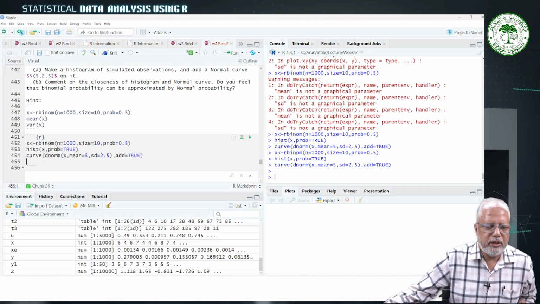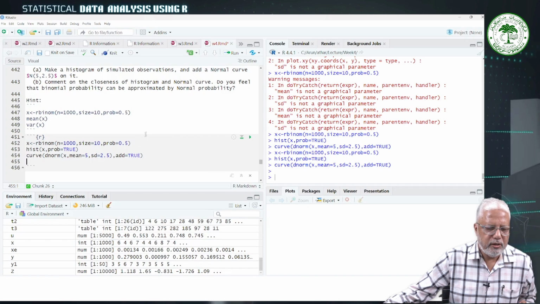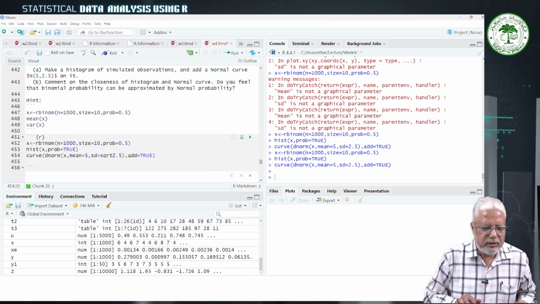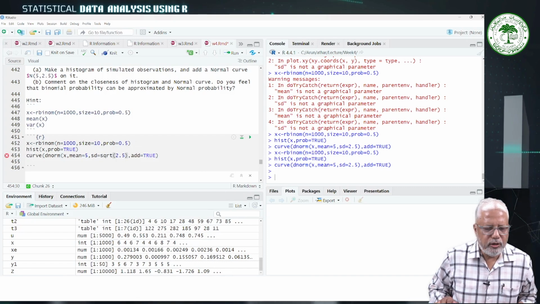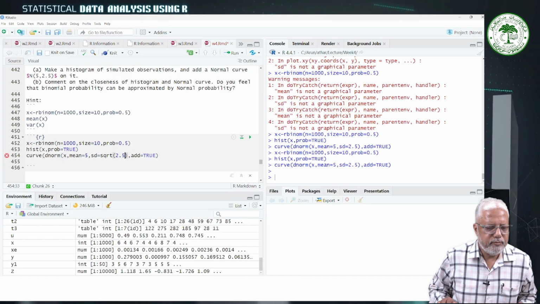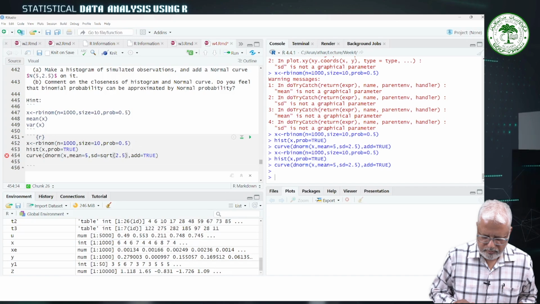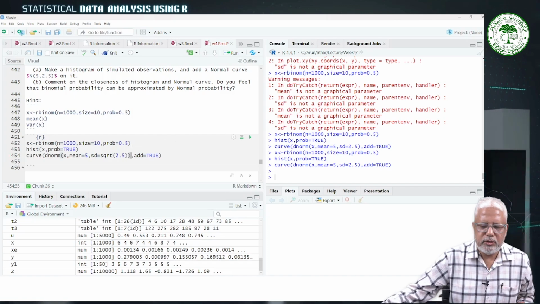See, comment on the closeness of histogram and normal curve. Do you feel that here SD should be the square root of 2.5? Then this will be the exact situation.